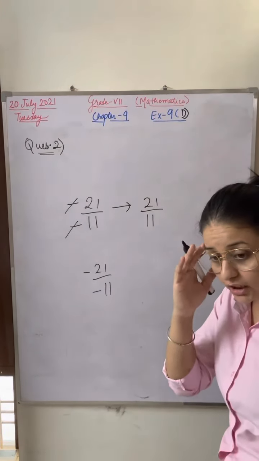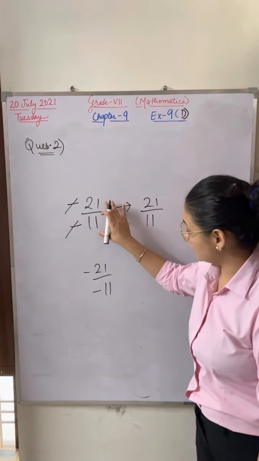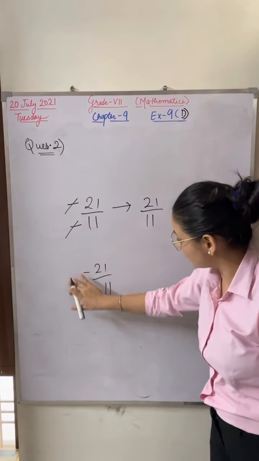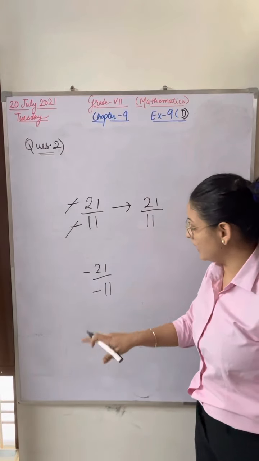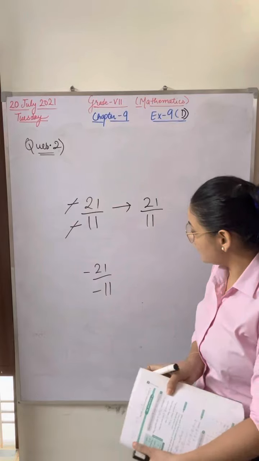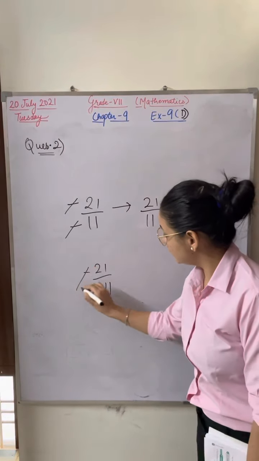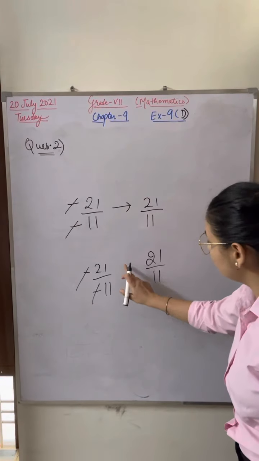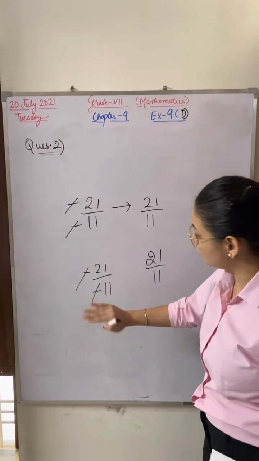They are just checking your concept. The person who has made the question knows that this is already a positive term. They are just making you confused. They are writing a minus sign in both the terms. If minus is given here in the numerator and in the denominator, it means this is a positive term. This is not a negative term. We don't have to write a minus sign anywhere. These minus signs will get cancelled.